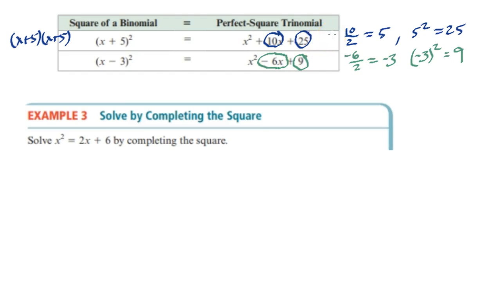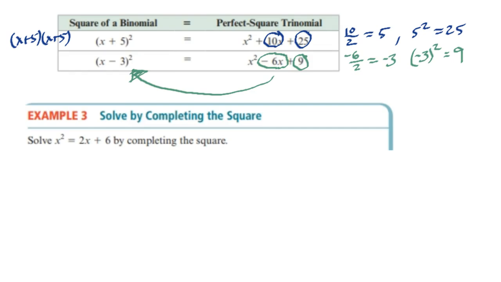So that's always a feature you'll notice, a characteristic of a perfect square trinomial. And we're going to use that to complete the square, because our objective, ultimately, and I'll point this out in a little bit, is to go from a perfect square trinomial to a square of a binomial. So we're going to go backwards eventually. So we'll see how that works.